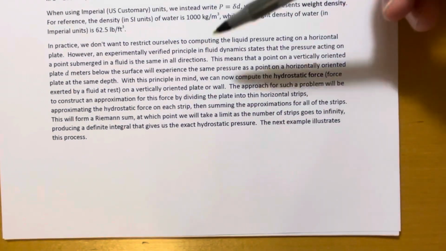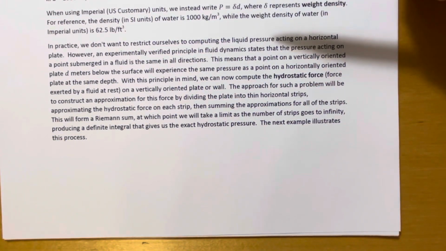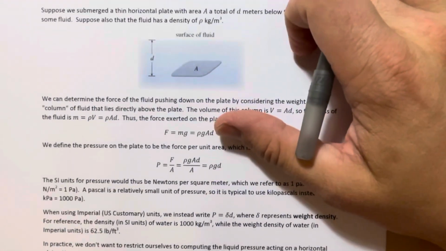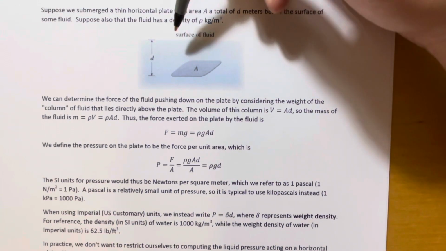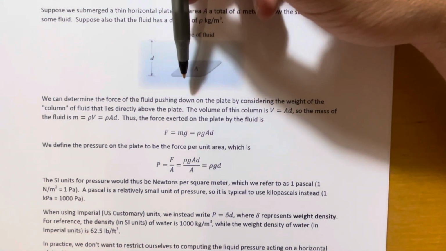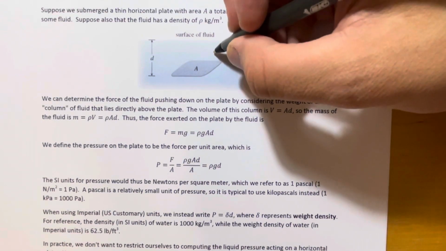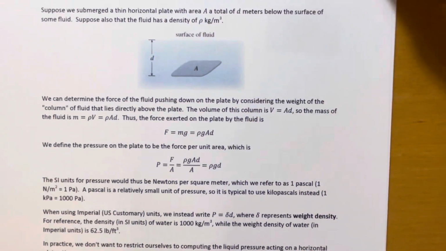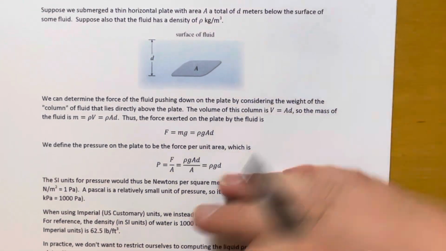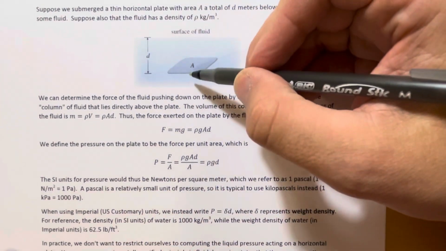So that's an important concept here, because it's easy to look at this and see that the force is due to gravity, so we imagine that force is only acting downward, but at any given point, the force acting on that point is the same in all directions. So that is going to help us extrapolate some of this stuff to the case where we have a vertically oriented wall or plate or whatever.